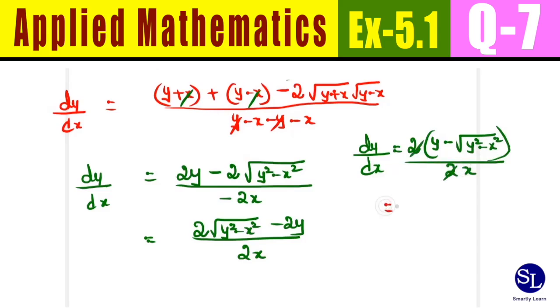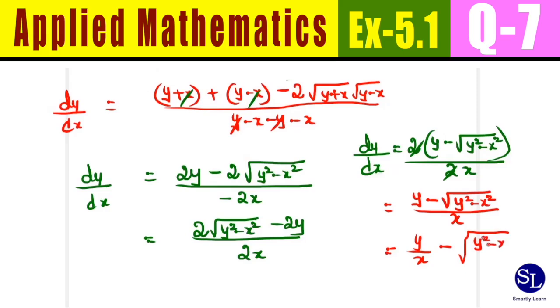So this is equal to y by x, or let's first write it, root of y minus root of y square minus x square divided by x. So when I bring in the term there, this is y by x minus, when I bring it inside the root, I have to make it as y square minus x square, the whole thing divided by x. Next step, I'm taking the x inside. So let's see how that works.